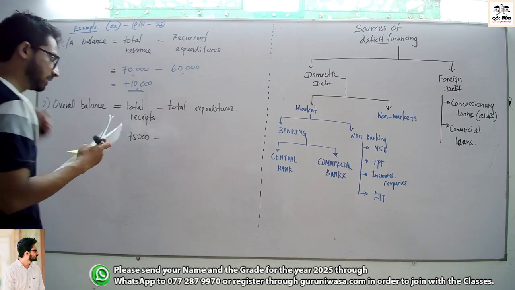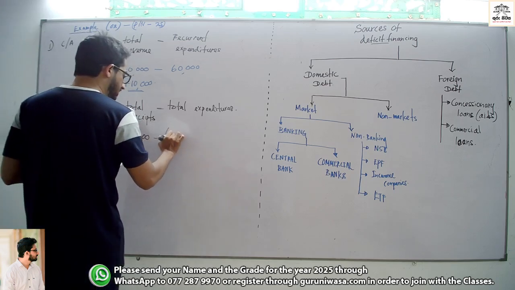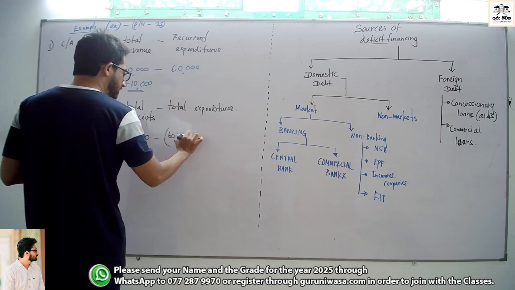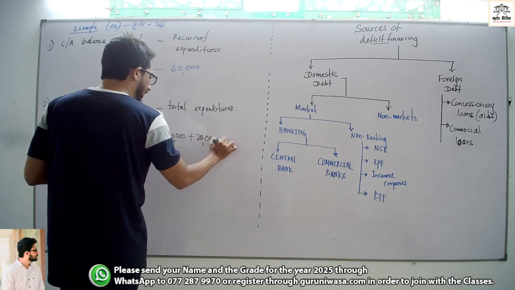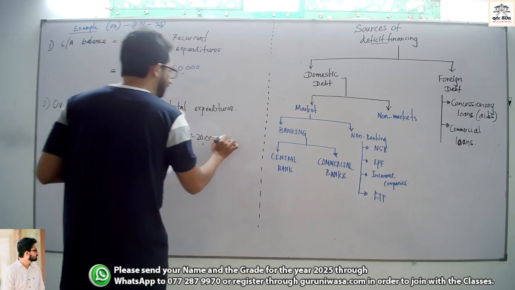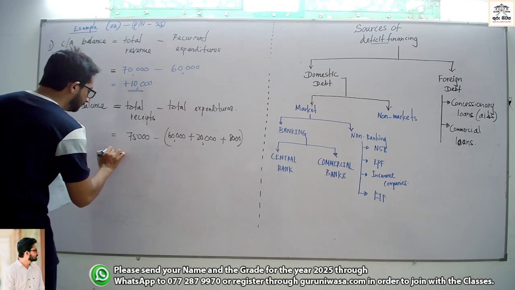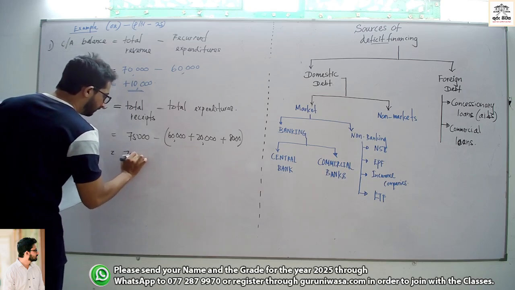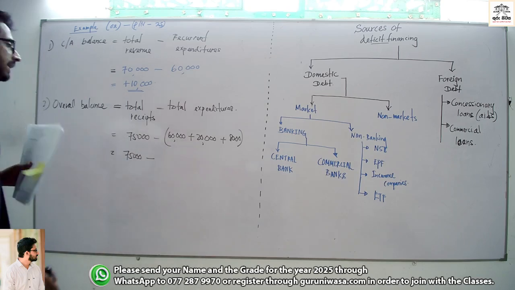Total expenditure is not given separately, add them together. Recurrent expenditure 60,000 plus capital expenditures 20,000 and net lending 8,000. 75,000 minus how much total expenditures? 88,000, right?